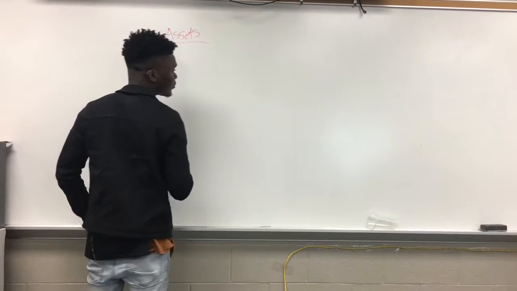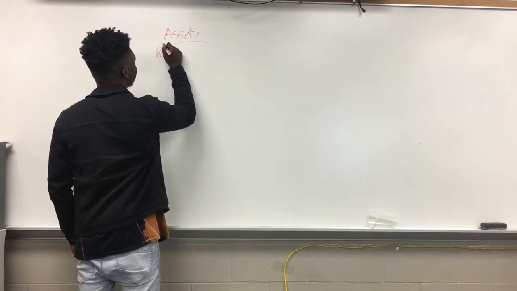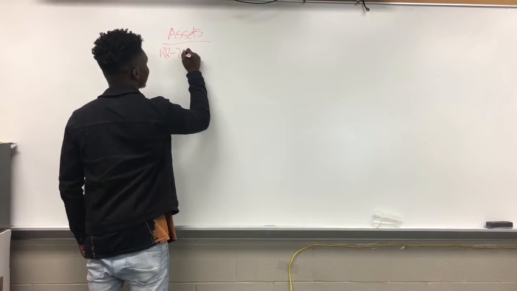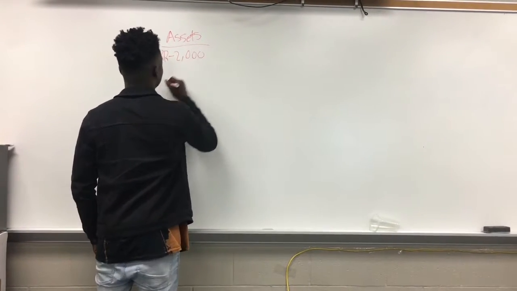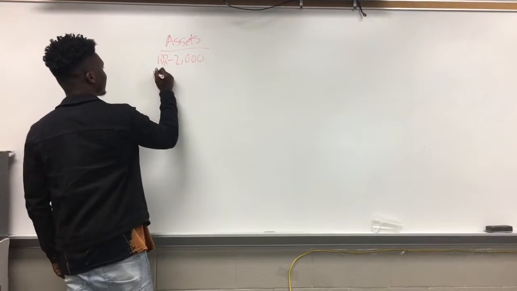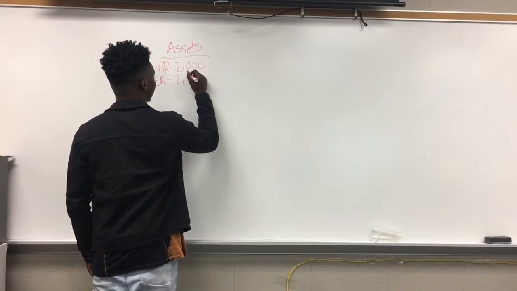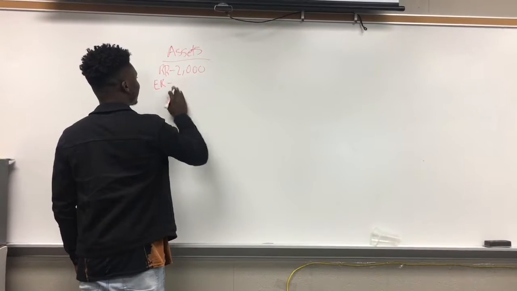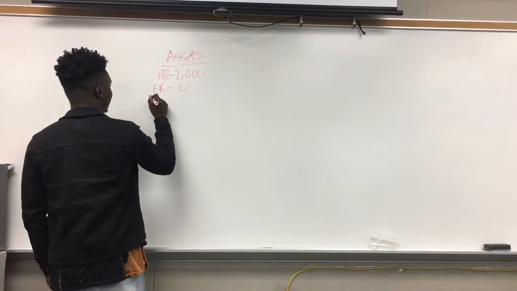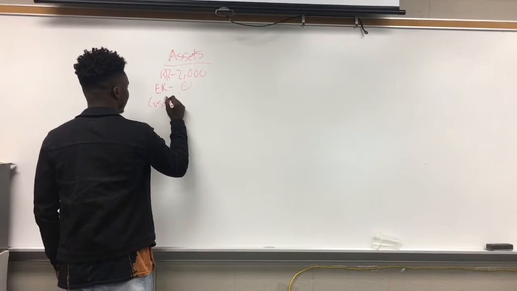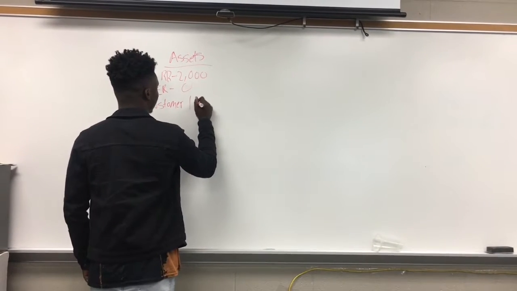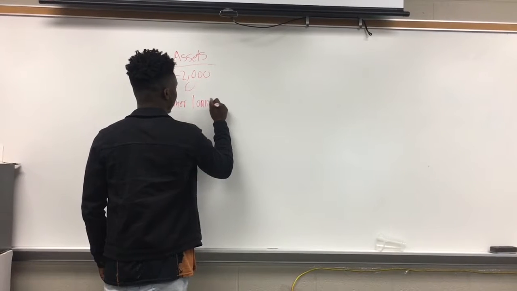First on the list for the assets is RR, or required reserves, which is 2,000. Next on the list is excess reserves, which is 0. After that is customer loans, which is 8,000.